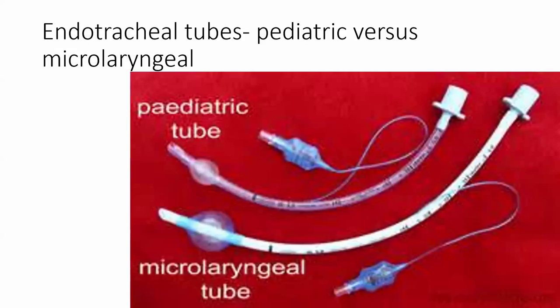This slide shows the contrast between a pediatric tube and a microlaryngeal tube of about the same size, and not surprisingly, the adult microlaryngeal tube has a larger cuff on it and is longer.